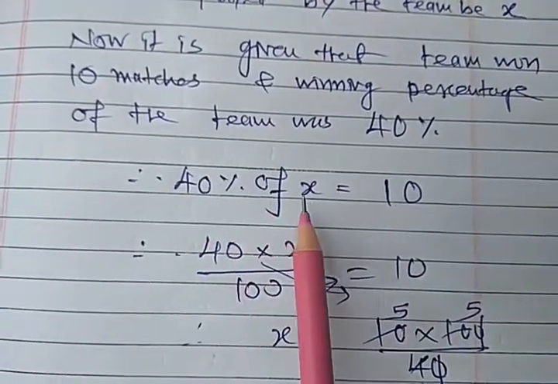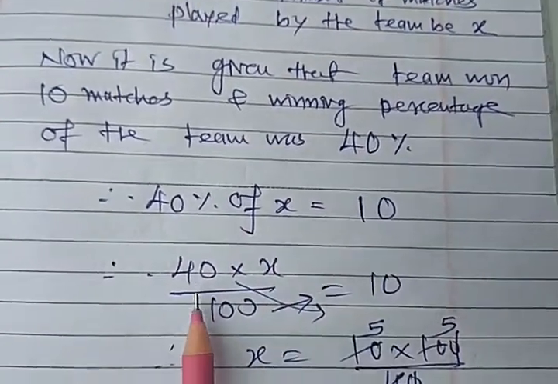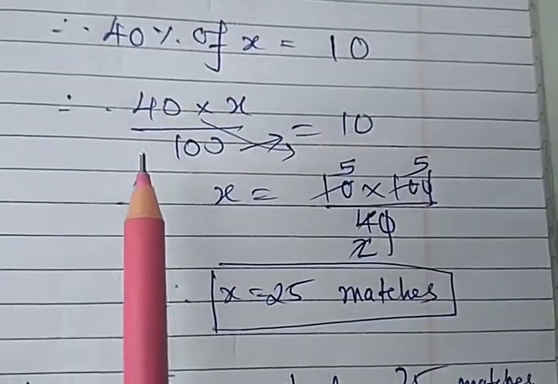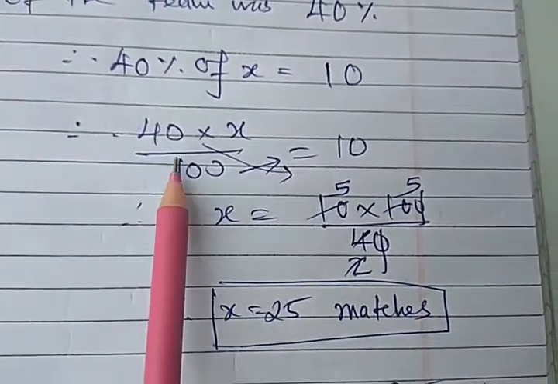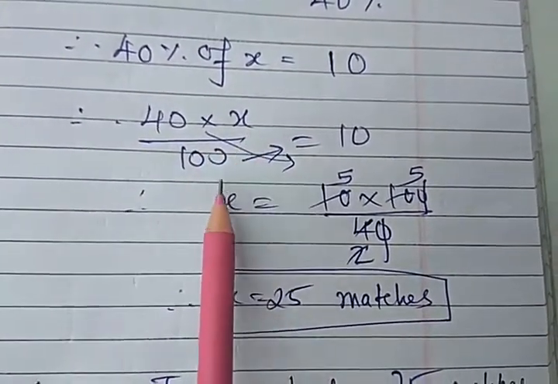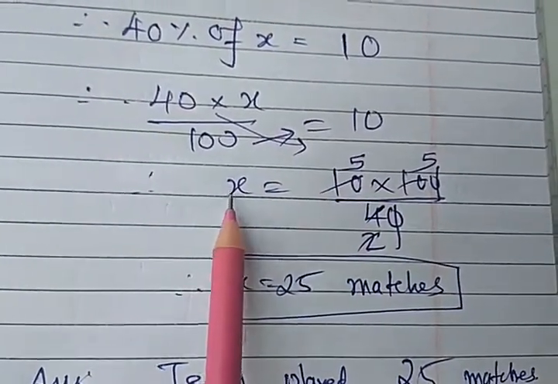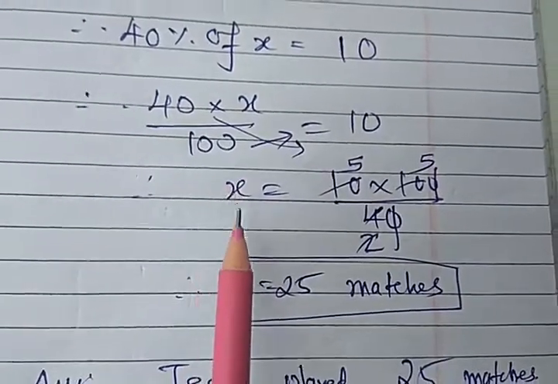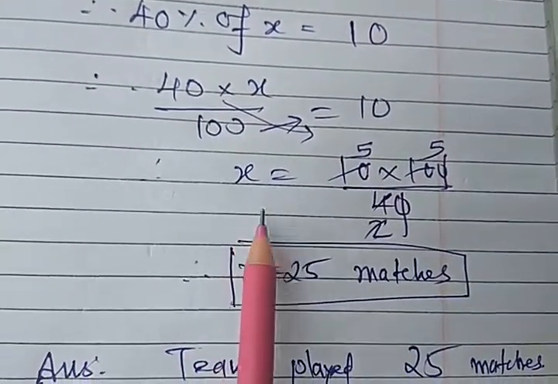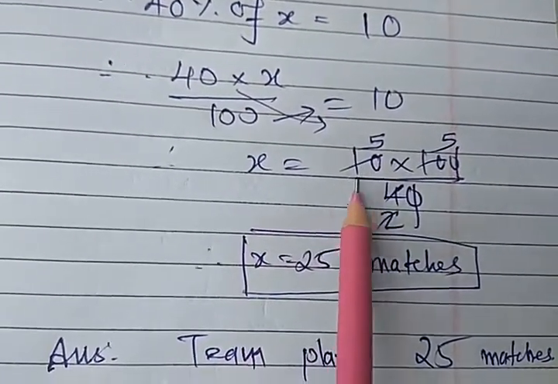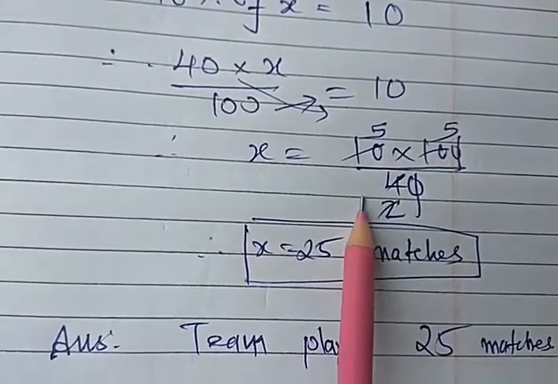So 40% of X is equal to 10. It means when we simplify, 40% of X means 40 into X upon 100 is equal to 10. Now simplify this. X is equal to 10 into 100 upon 40.